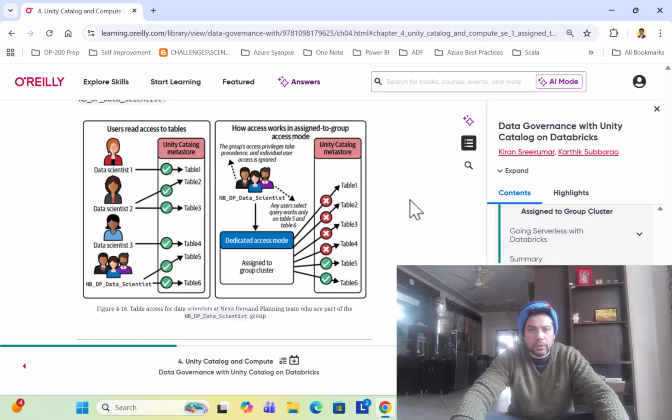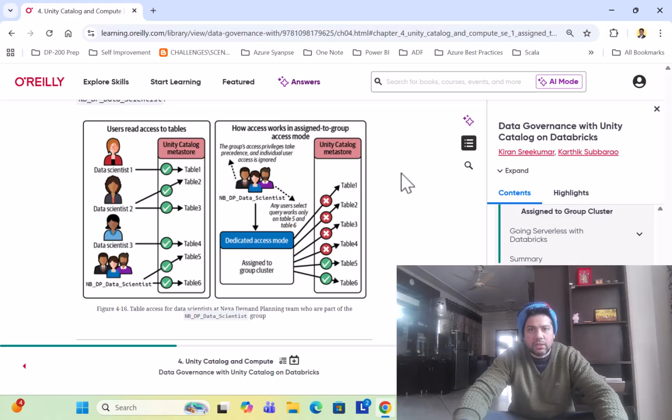It will be able to take only the access which the group has. Although if you want to clean up your accesses and permissions, you might want to revoke or remove the previous accesses these data engineers or data scientists had, so that it cleans up things as far as the permissions are concerned.